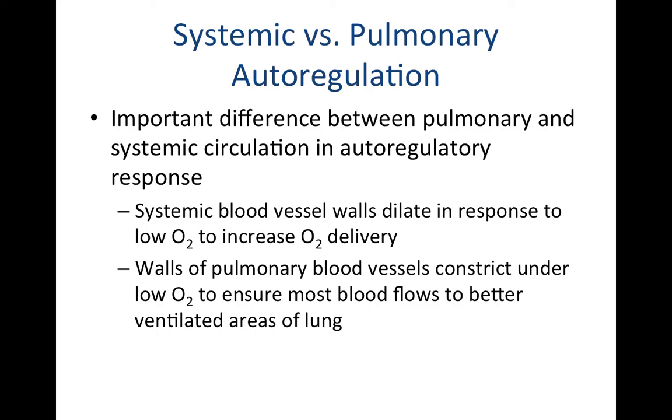And then once you get to an area of the lung that's better ventilated and you have high oxygen, you get dilation of that blood vessel so that you can load a lot more oxygen into the blood. So you have totally opposite responses in the systemic blood vessels and in the pulmonary blood vessels in response to low oxygen levels. Systemic blood vessels will dilate and pulmonary blood vessels will constrict.